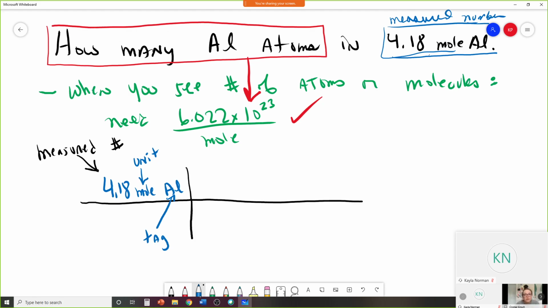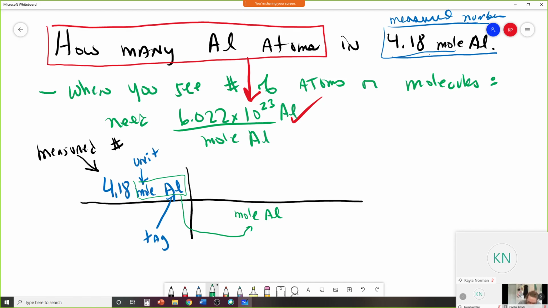What's up next? If we're going to cancel units, like in dimensional analysis, what is next has to have the same units down here: moles aluminum. That way we can cancel. We have it right up here.